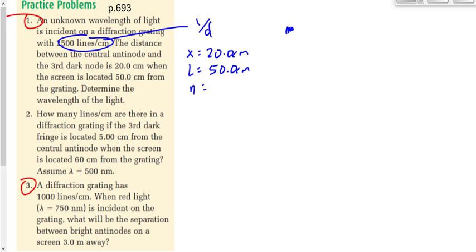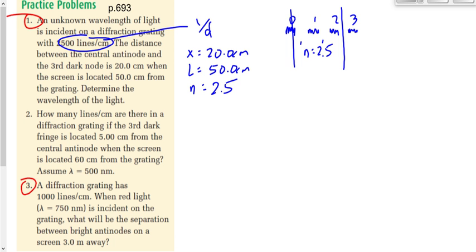So let's make this our central antinode, first order antinode, second antinode, third antinode. We're talking about the third dark node. 1, 2, 3. We're going to say N is 2.5. Central antinode, third dark node, N is 2.5.